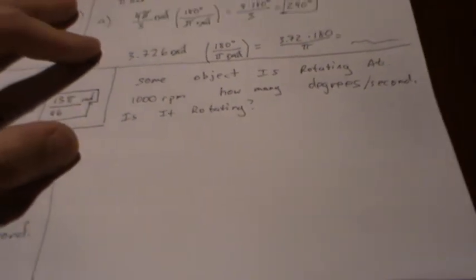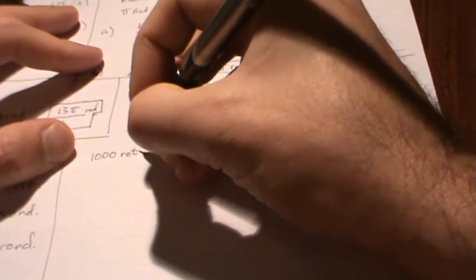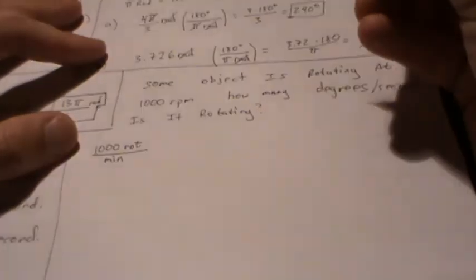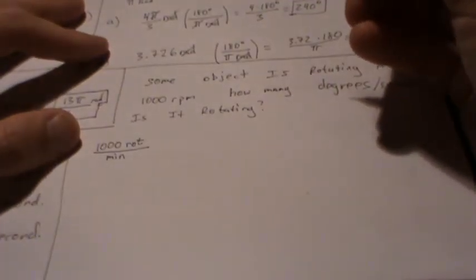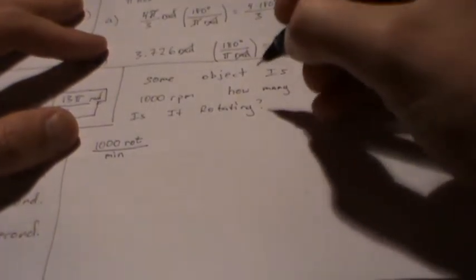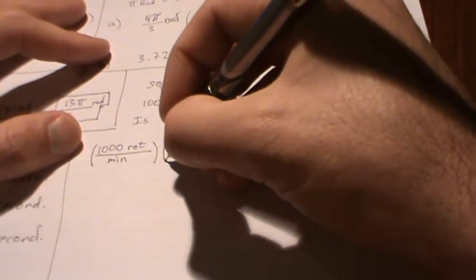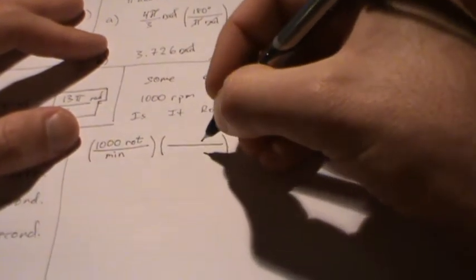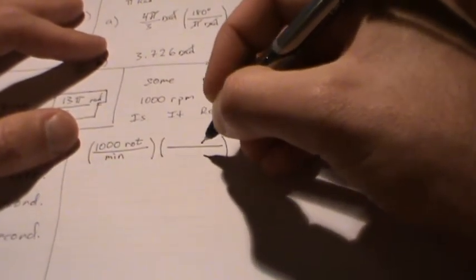Okay, and so you would start out with 1,000 rotations per minute. This is how I'm going to write it out, and hopefully it makes sense to you. Now, if we want to get into degrees, we have to create a fraction over here where the numerator and the denominator are equivalent.